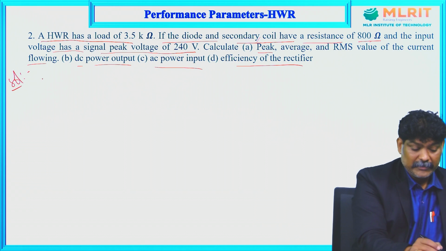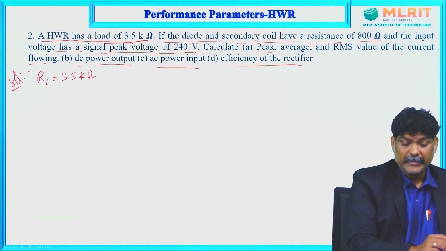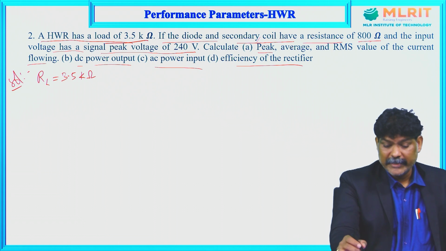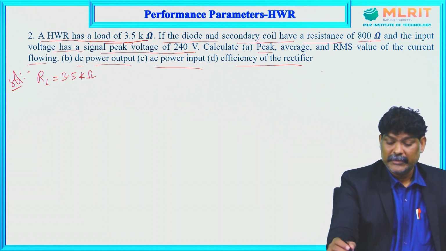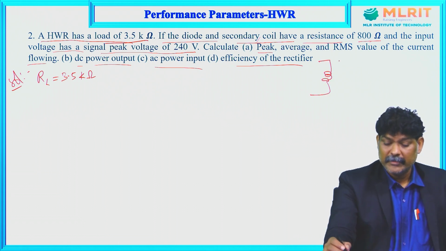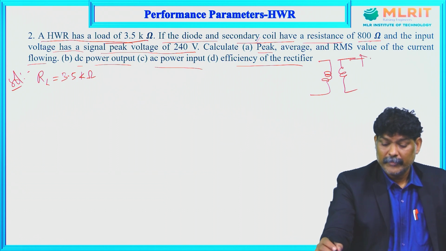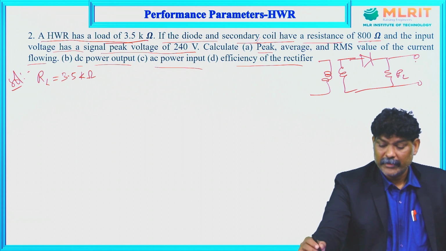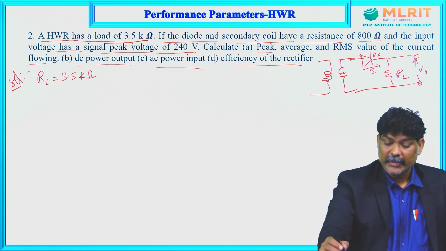First, given data: load resistance is 3.5 kilo ohm, right? The diode and secondary coil have a resistance, see here. So this is the half-wave rectifier circuit with RL, and across this we measure the output voltage, and current I, and it has RF, and here the coil resistance is there, RS.